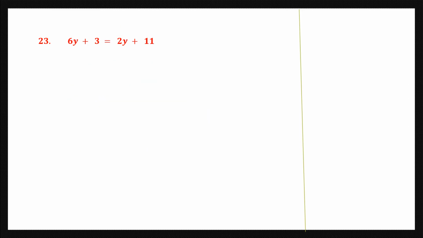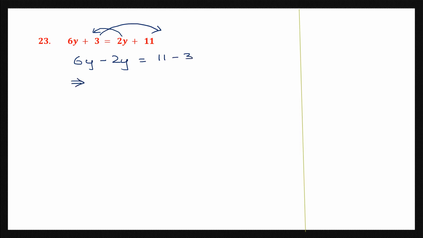Question 23. 6y plus 3 equals 2y plus 11. So let's get all the y's to one side. 6y, I'm transposing plus 2y to this side, it becomes minus 2y. On the right hand side, I have 11. I'm going to transpose 3 to that side. It's plus 3, so here it becomes minus 3.